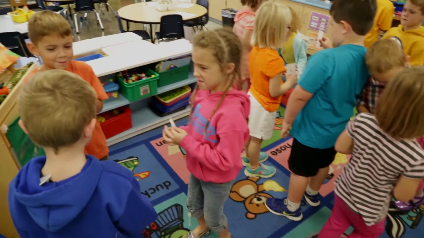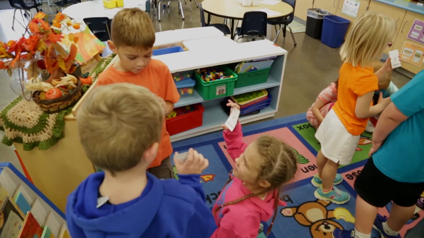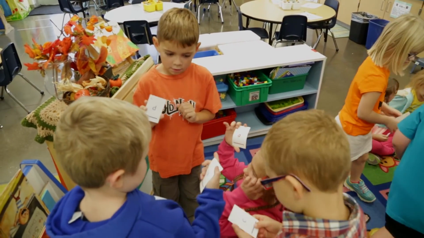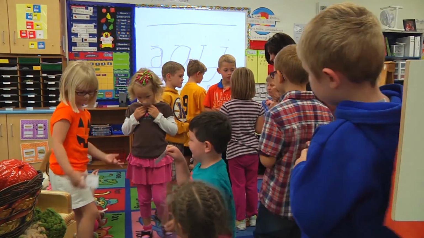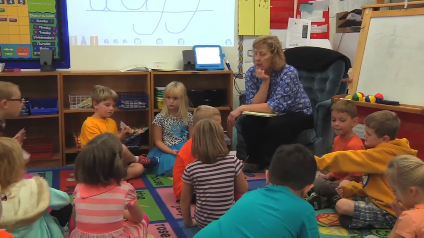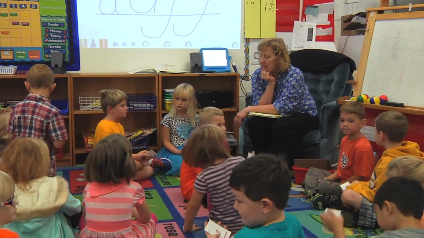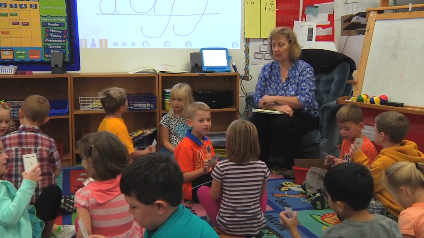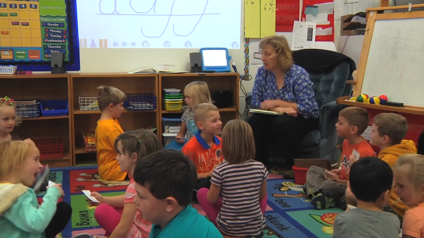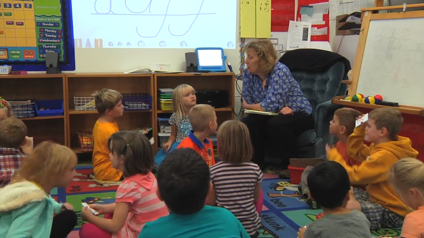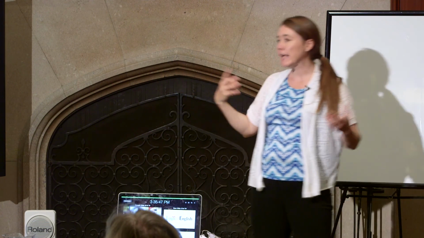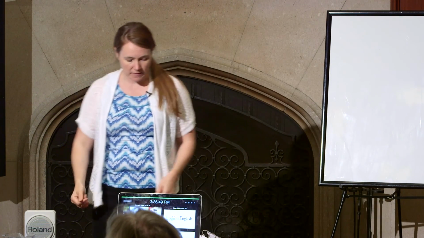Once you get your partner, sit down beside him, please. Turn and talk to your partner and say the sound that you have. D. Which one? So a little view that you can use these games, you can get kids up and moving in the classroom.